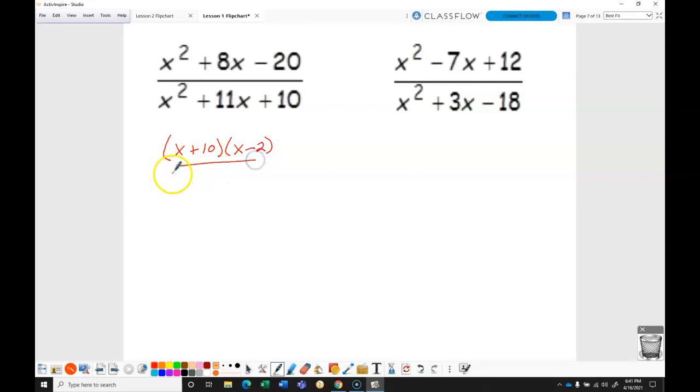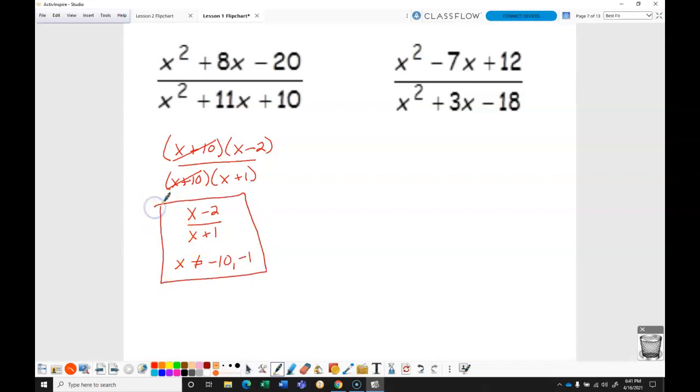And in the bottom, I get x plus 10 and x plus 1. So these two factors cancel out. And they leave me with x minus 2 over x plus 1. And my restrictions are x cannot equal, go up to the factored form, negative 10 and negative 1. So there's your factored form, simplified, and your restrictions.